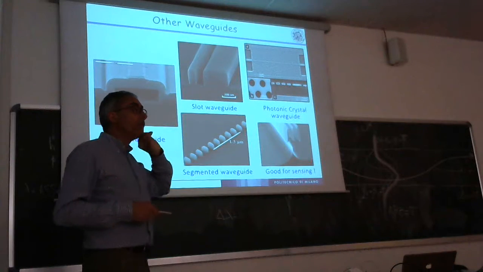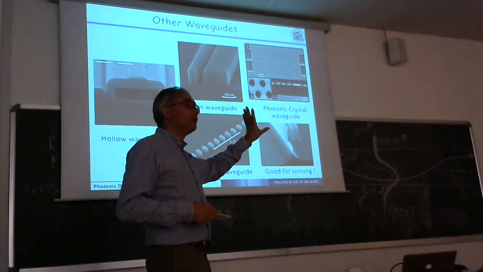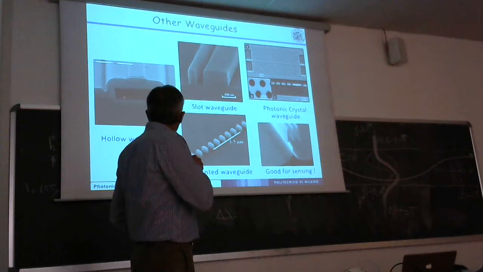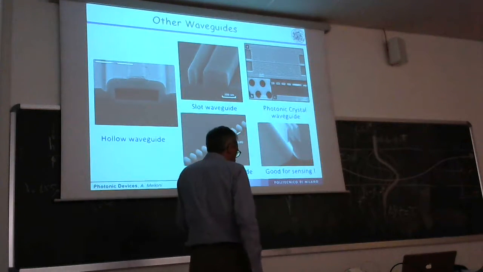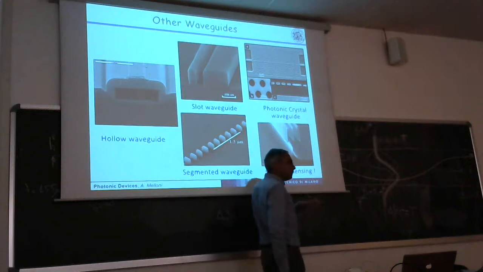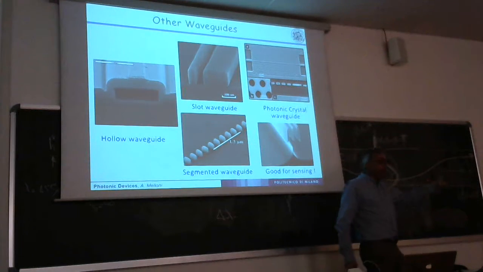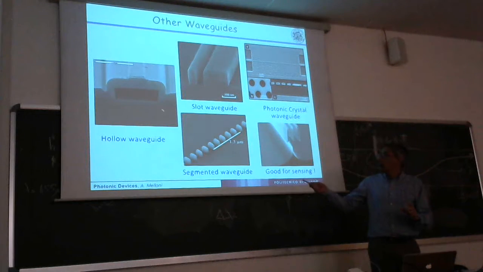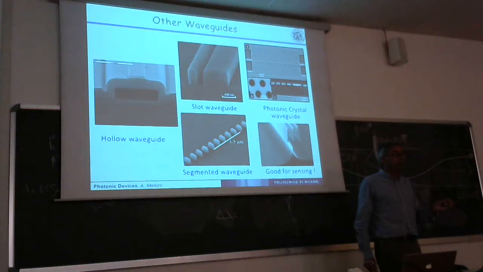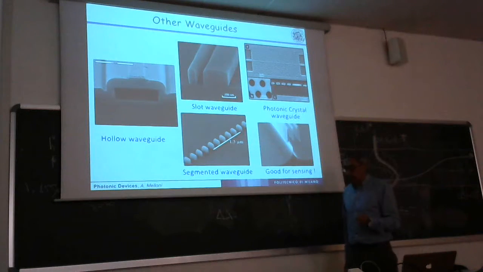It's a microfluidic channel. So this part of space can be useful for guiding the fluid that you want to analyze and the light. So you have a very strong interaction between the light and the material that flows inside this pipe. So once again, interesting for sensing.